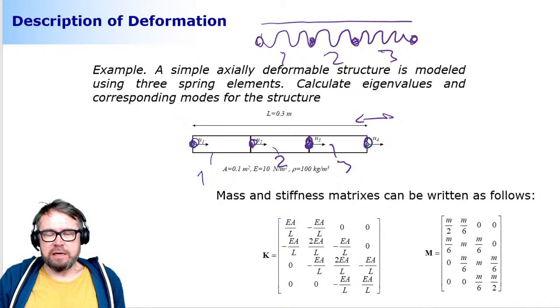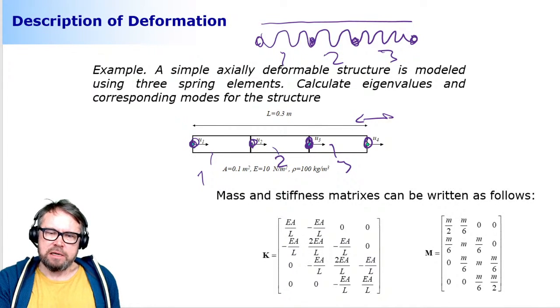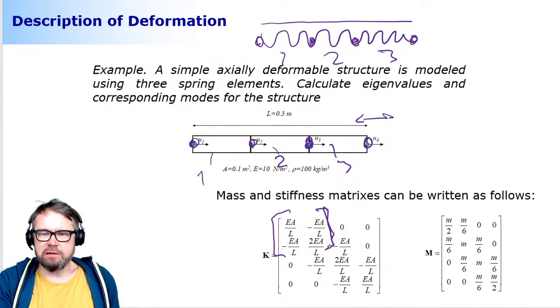Now, if I build the stiffness matrix for the entire structure, I need to combine the matrices together. So here is where my first and partly my second stiffness matrix is expressed. Here is where my second stiffness matrix is expressed, so it's influenced by the first and third.